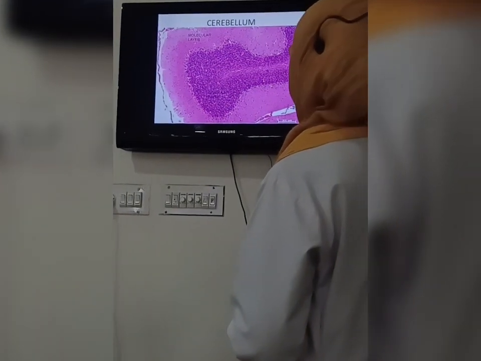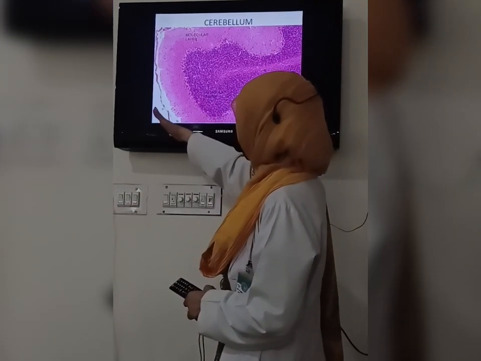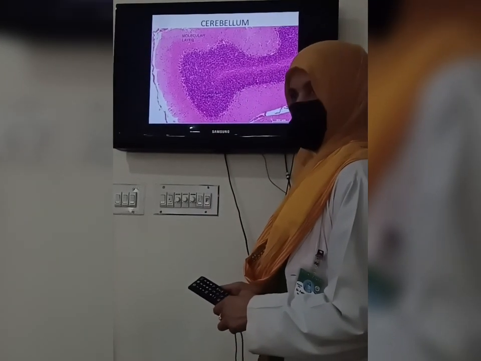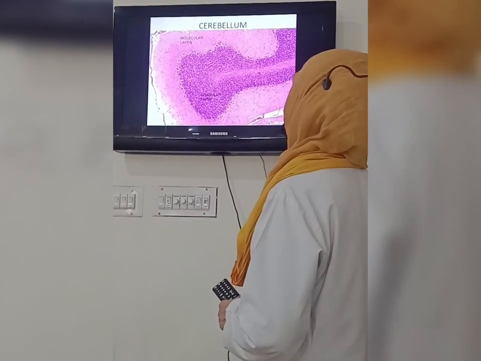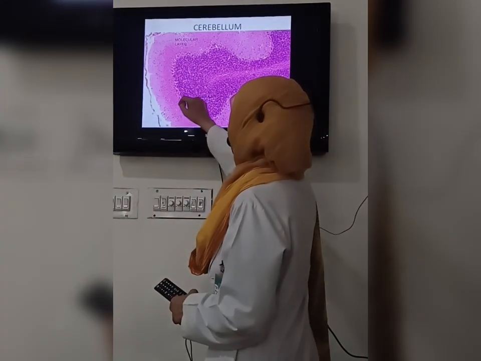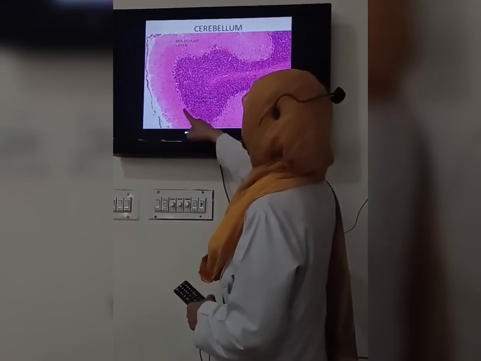Now you can well observe that this is the molecular layer. And of course, on the outer aspect, you see the thin connective tissue covering called the pia mater, right? And a well-vascularized layer you must see, and you can observe a few cut sections of blood vessels running through it. Okay, come towards this molecular layer.